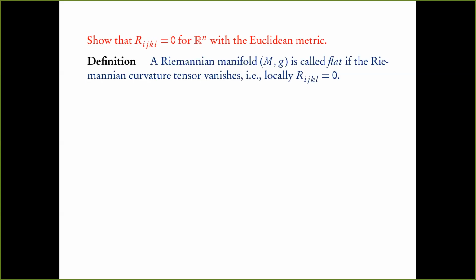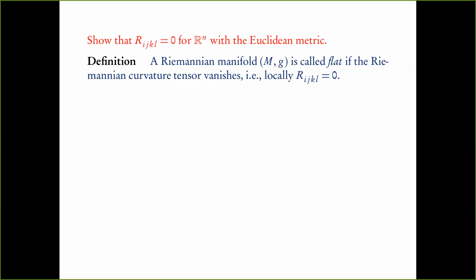That means R of del i, del j acting on del k, dot product del l, is 0. Okay, so that's the definition of a manifold being flat. We will later see a slightly different definition of a manifold being flat, and it will turn out that they are equivalent, but let's go with this definition because it is obviously motivated. So Rn is a flat manifold.